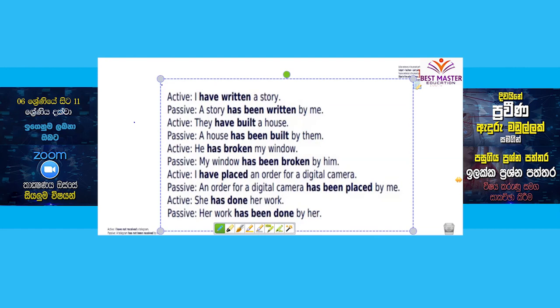Written means ලියලා. Now you can get the idea. In every sentence, I have written a story. කතන්දරයක්.